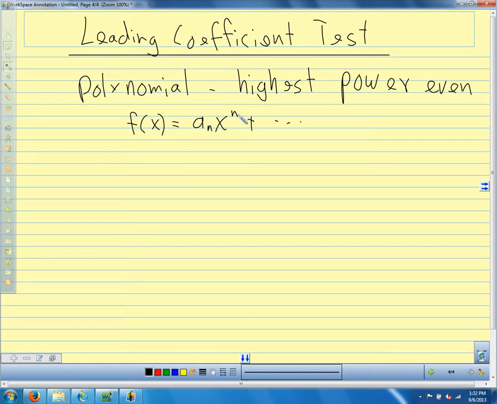So if the highest power is even, n is even, and the leading coefficient is positive, then my polynomial function is going to go up on both ends.